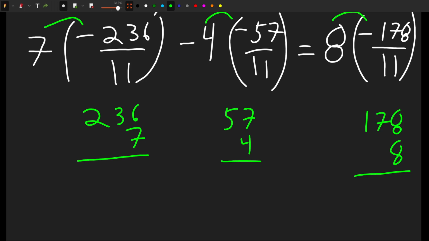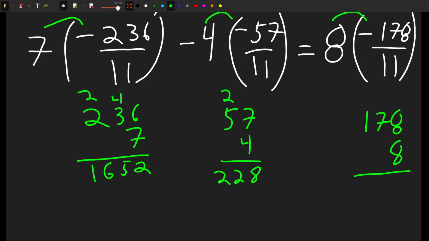So 236 times 7: 6 times 7 is 42. 3 times 7 is 21, 23, carry the 2. 7 times 2 is 14, so that's 1,652. 57 times 4: 7 times 4 is 28. 4 times 5 is 20, plus 2 more is 228.